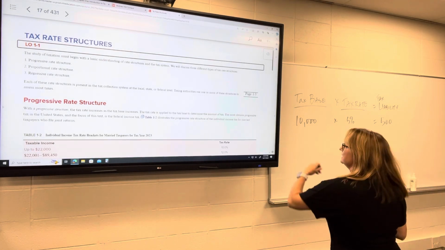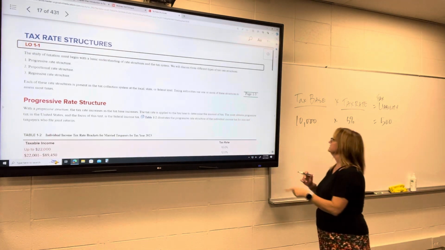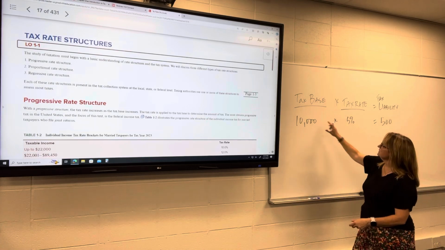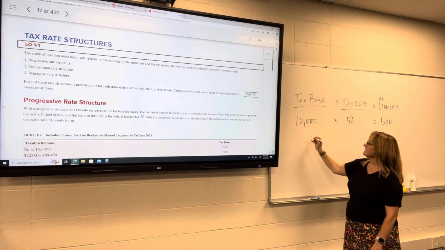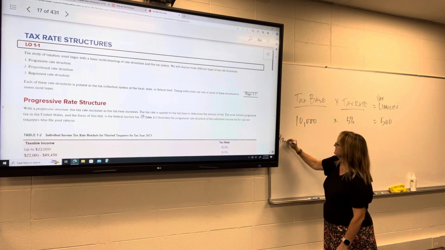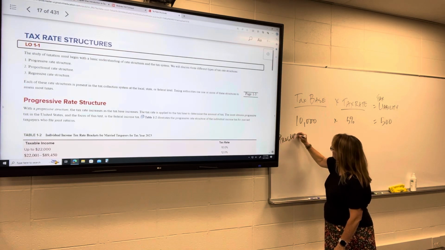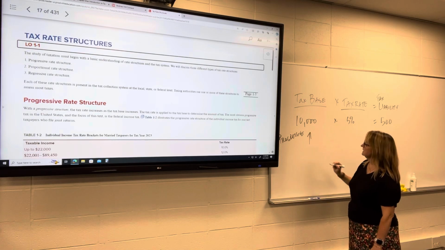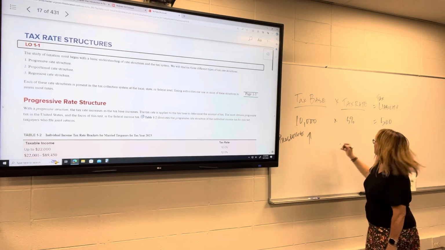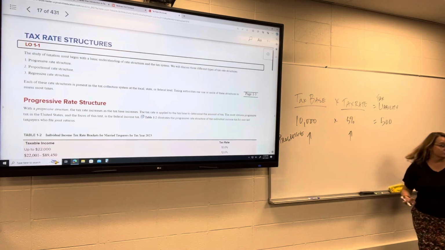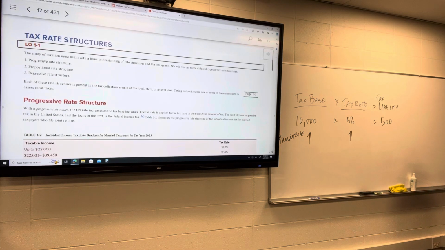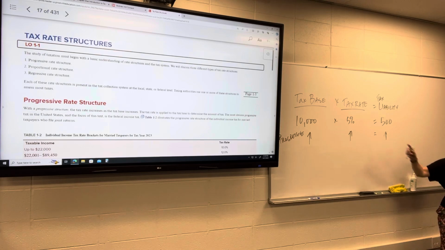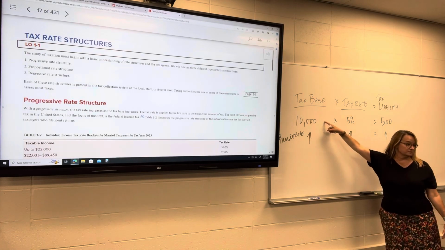Now, when we are talking about a progressive rate structure, we're going to start with our tax base. As our tax base increases, our tax rate is also going to increase, right? Which is going to naturally lead to an increase in our tax liability as that rate increases.